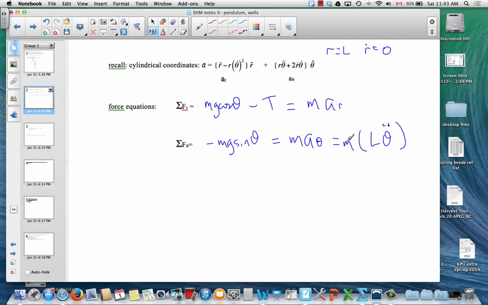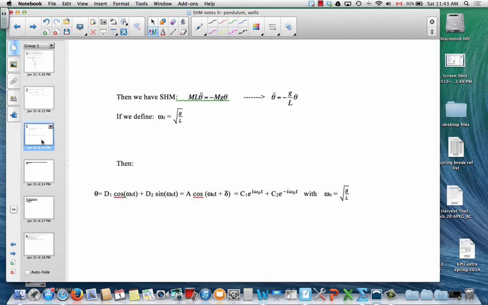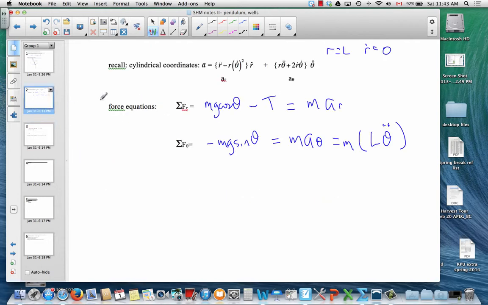So now let's take that equation. We can cancel off an m. We can divide by L, and we get something that looks a lot like simple harmonic motion. So what we've got then is theta double dot equals minus g over L times sine theta.